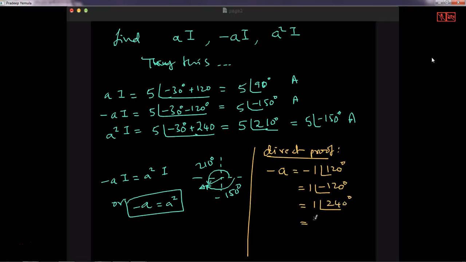So that is nothing but 1 angle 120 into 1 angle 120 degrees. So that is nothing but A square. So minus A is A square. So this also you notice. So rotating clockwise by 120 degrees is equivalent to rotating anti-clockwise by 240 degrees and so on. So anyway, enough about this A operator. Let's see how it is used.